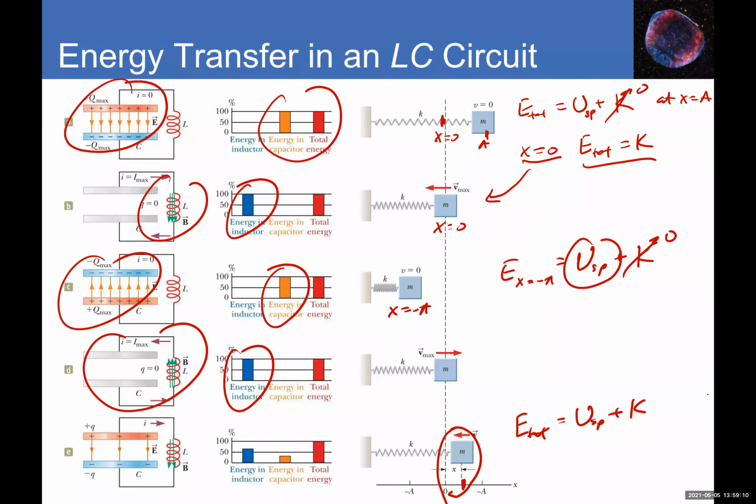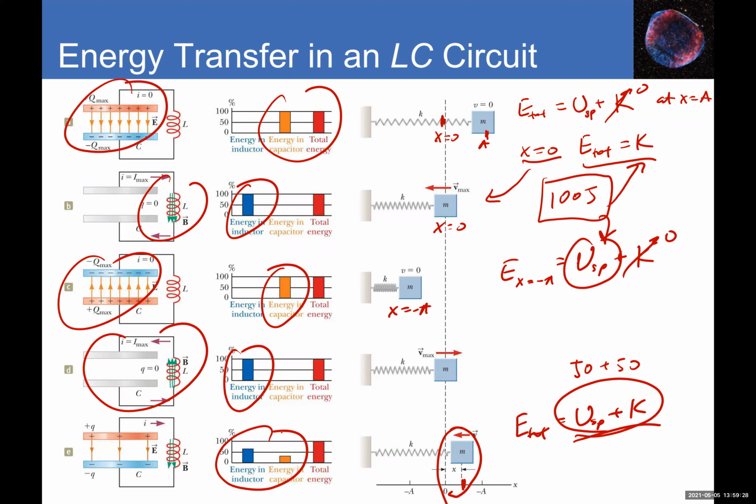The sum of the energies will still be exactly the same. For example, 100 joules is the total energy of the system. It will never change, regardless of whether it's purely kinetic, purely potential, or some combination of, let's say, 50 plus 50. Maybe in this case it's 70 and this is 30, but the total is exactly the same before and after.